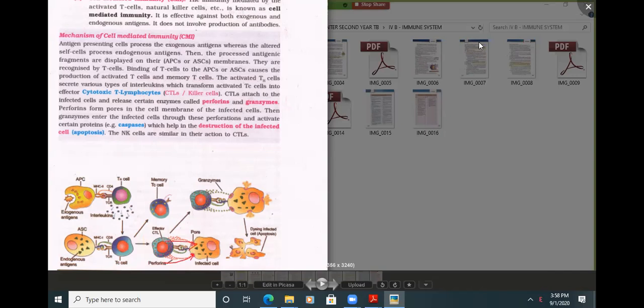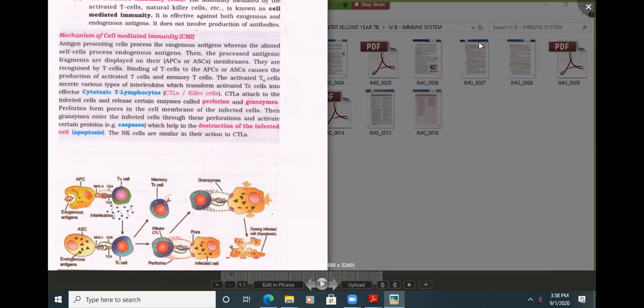Then granzymes enter the infected cell through this perforation and activate certain proteins called caspases, which help in the destruction of the infected cell. We call it apoptosis. Self-destruction is called apoptosis, programmed cell death.